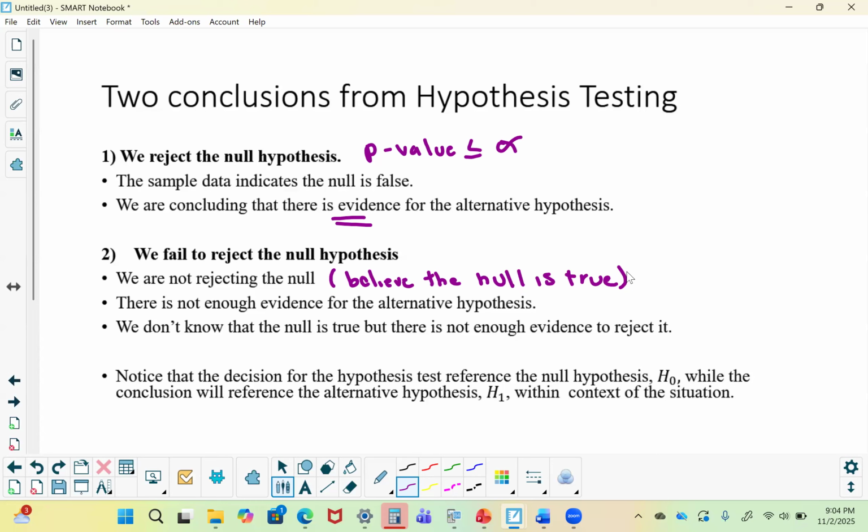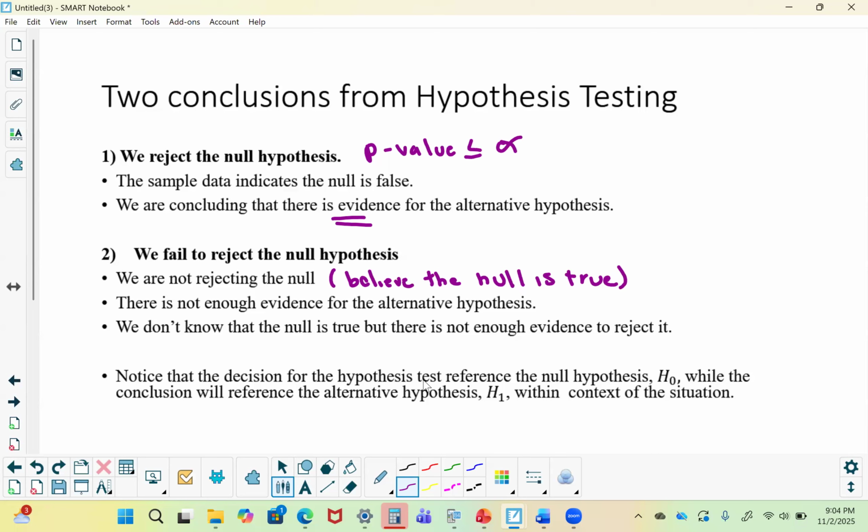We're leaning toward the null being true, but the sample never proves the null is true. Just like in a court of law, we never say a person is proven innocent, the claim is always that they are not guilty. So there is not enough evidence for the alternative hypothesis. We don't know the null is true, but there's just not enough evidence to reject it.